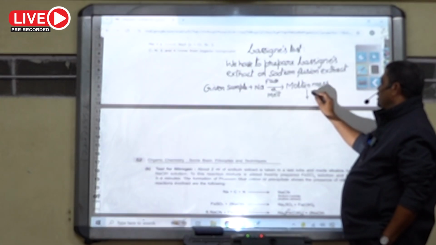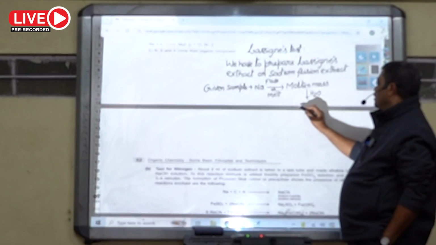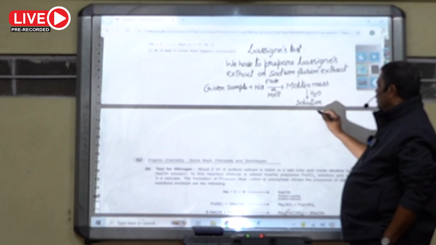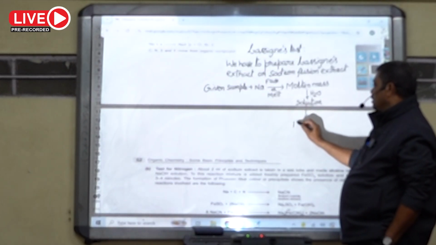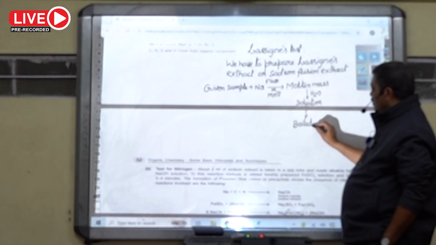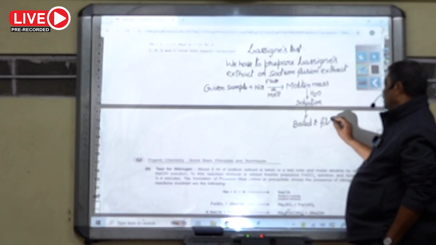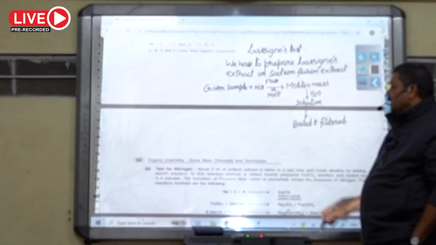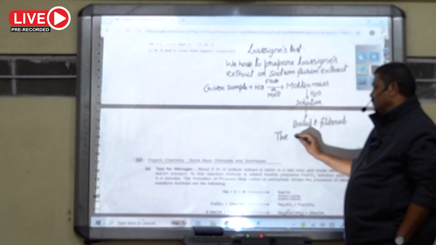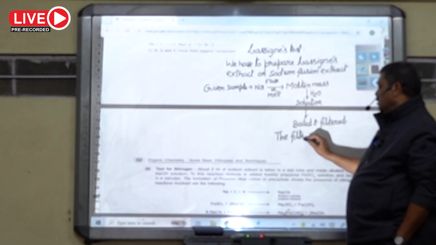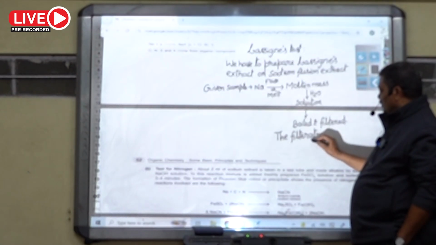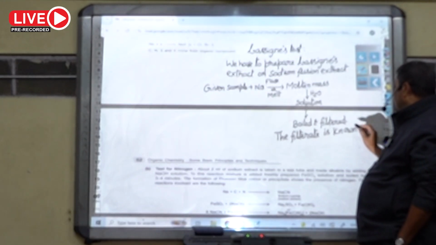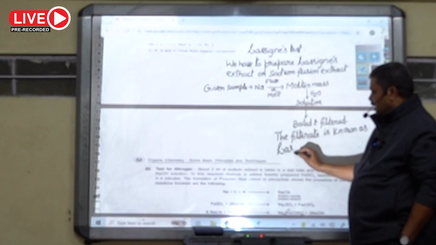This is mixed in water and you will get a solution. This solution is boiled and filtered. The filtrate is known as Lassaigne's extract.